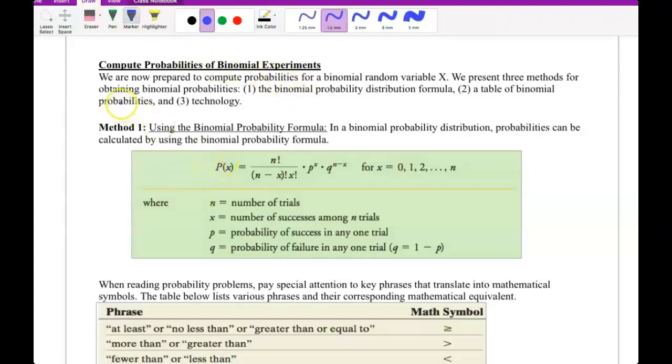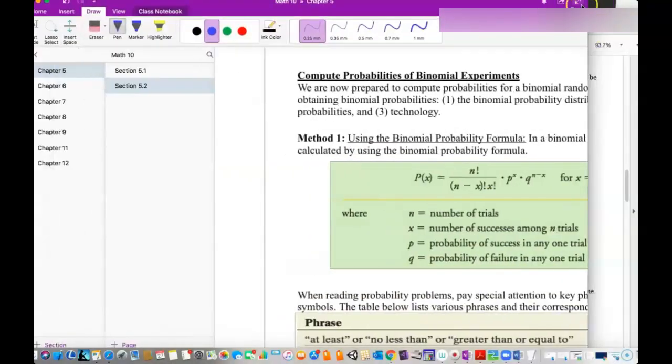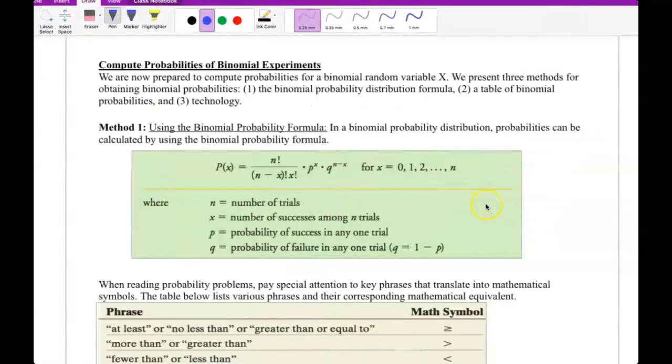Okay, now in this part, we want to compute the probabilities of a binomial experiment.